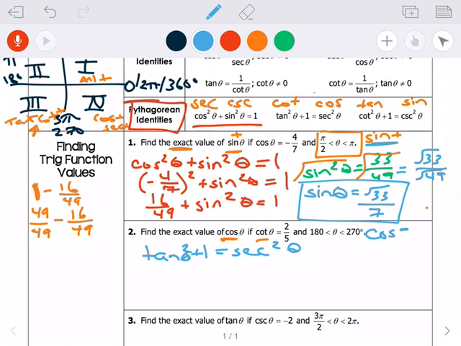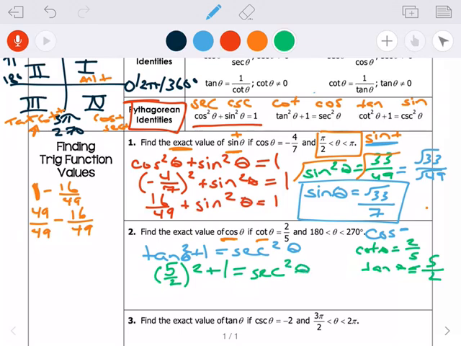If cotangent of theta equals 2/5, can I just say that tangent of theta is the reverse of that, which would be 5/2? Because I can say that, in place of tangent, I can put 5/2 squared plus 1 equals secant squared.